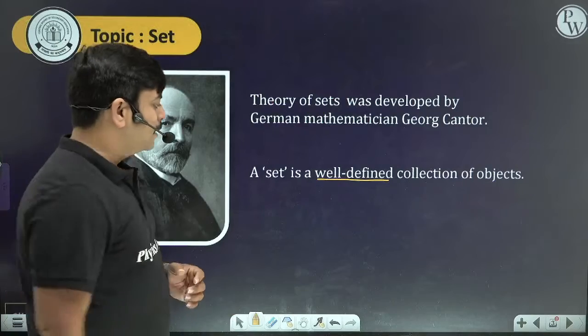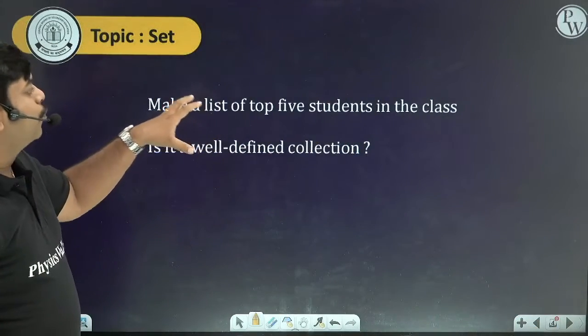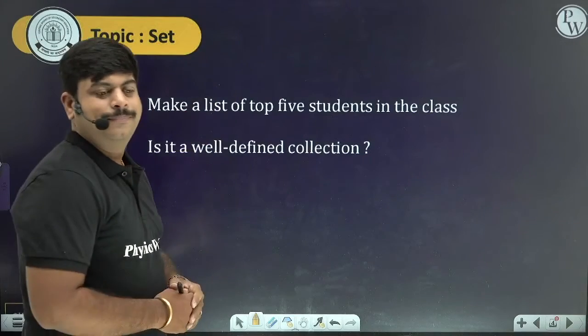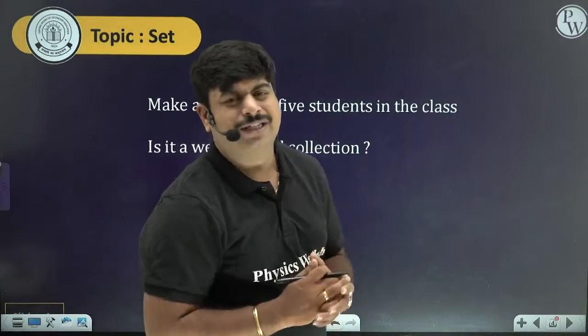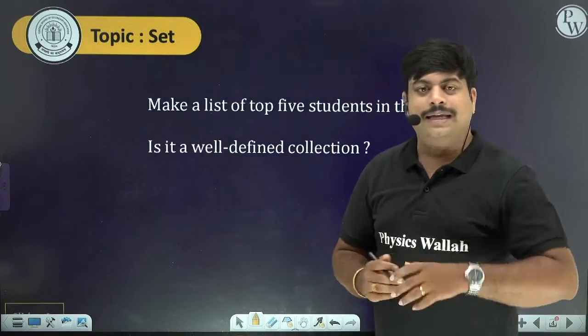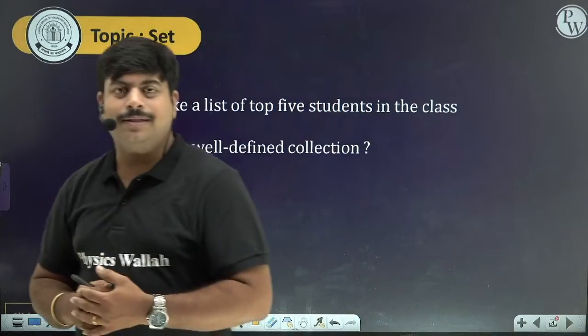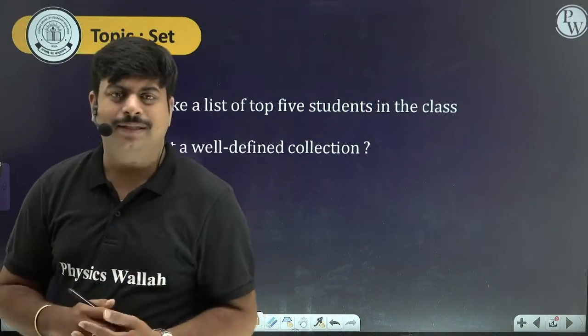But if I ask you to make a list of the top 5 students in the class. Top 5 students means, how are you going to judge the top? Is it with the complete overall marks, or subject-wise marks, or in some other categories, right?